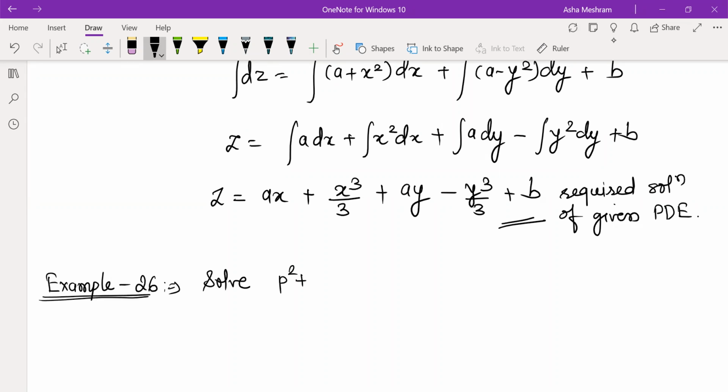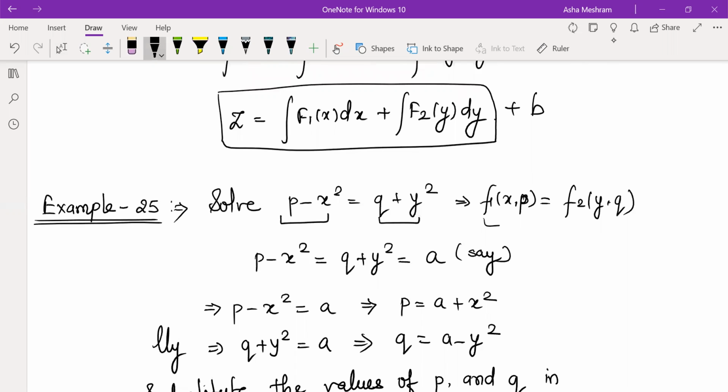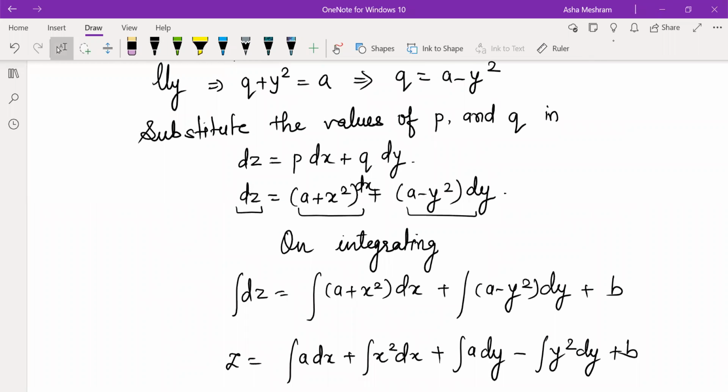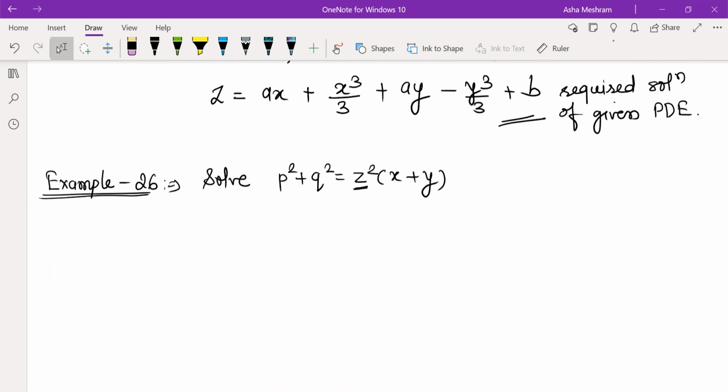P square plus Q square is equal to Z square into X plus Y. Now this problem is not in this form, क्योंकि यहाँ पे Z भी है और पहले वाले फॉर्म में Z नहीं था. ठीक है, तो सबसे पहले उसको सिंप्लीफाई कर लेना पड़ेगा और बाद में उसको मेथड लगा के सॉल्व करना पड़ेगा. ठीक है, समझ में आया?